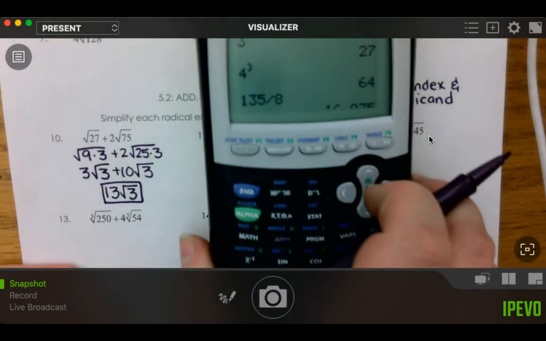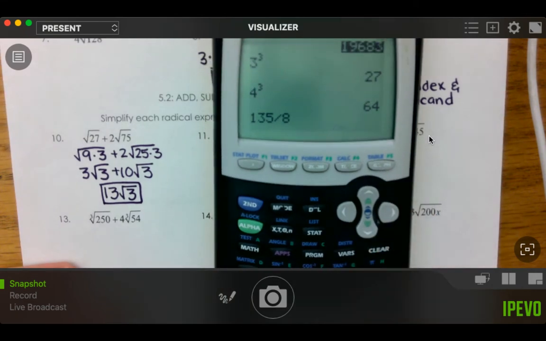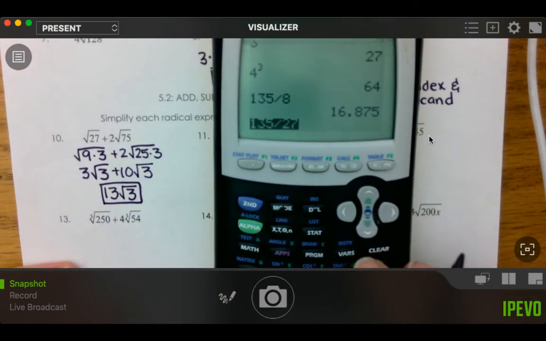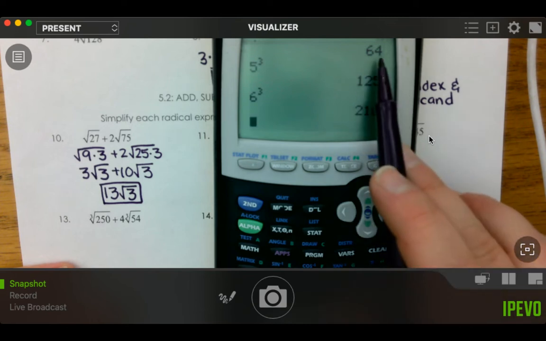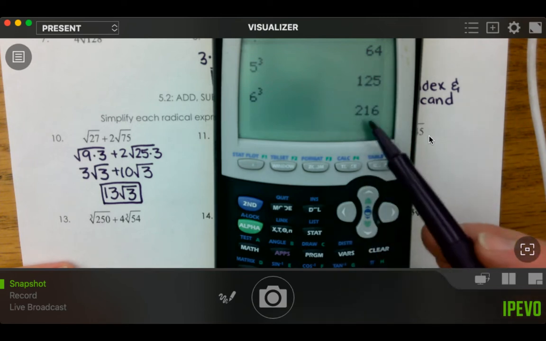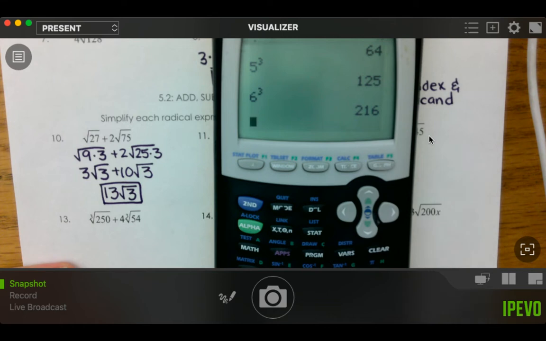So I need a perfect cube that goes into 250. I had already tried some of these up above, but I'm going to remind you, 2 cubed was 8, 3 cubed was 27. But this number is kind of high, so I'm going to keep trying a few more. So I'm going to start with these 3, 216, 125, and 64, because 250 is a pretty big number.